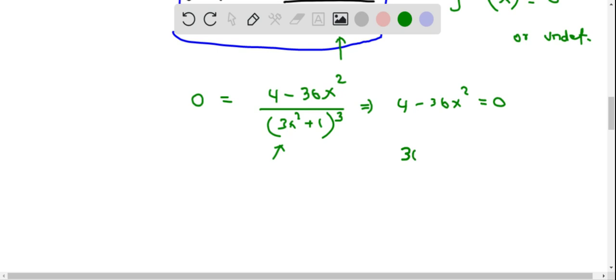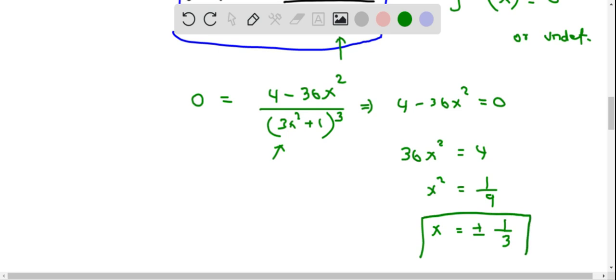Otherwise, 36x squared equals 4, or x squared equals 4 by 36, which is 1 by 9. And when we take the square root, we get x equals plus or minus 1 by 3. So we get 2 points, that is x equal to 1 by 3 and x equal to negative 1 by 3.